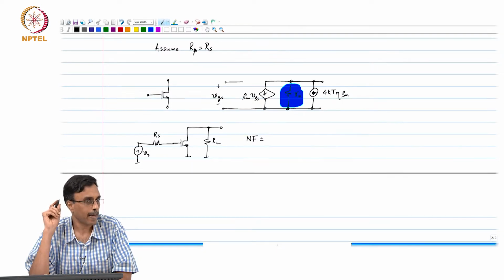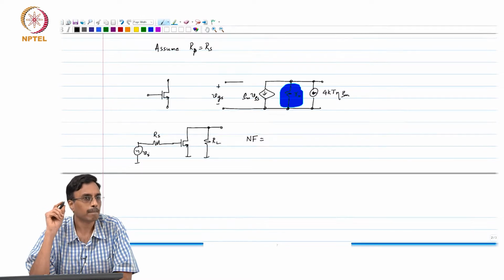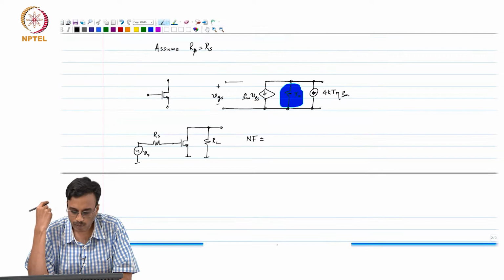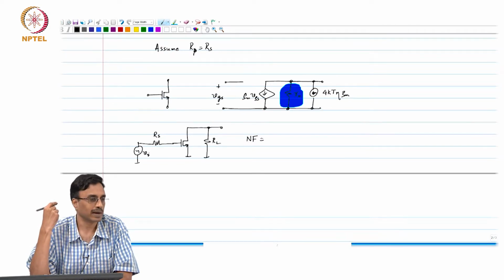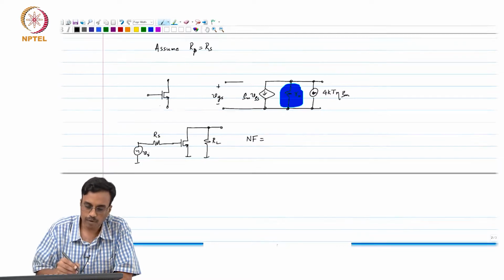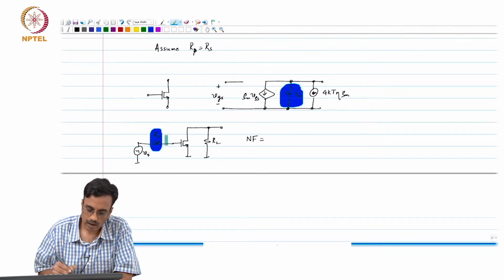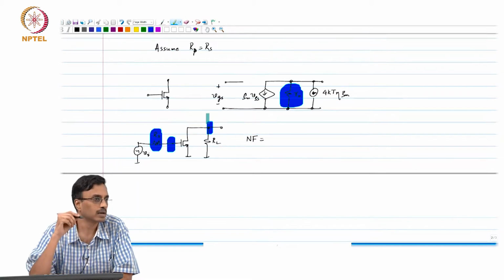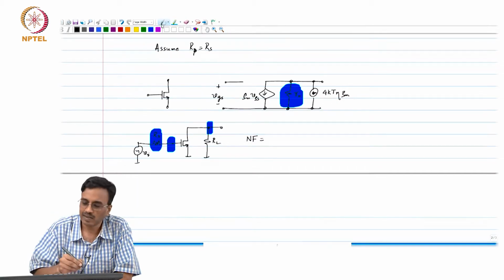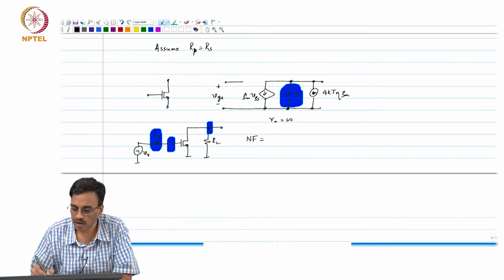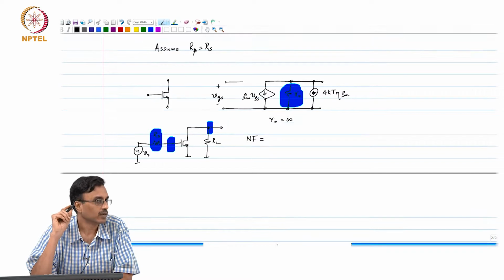First thing is to find the total output noise. So, what will be the total output noise spectral density? Well, what is the gain from the voltage source in series with Rs to the output? Let us make life simple and assume that ro is equal to infinity.